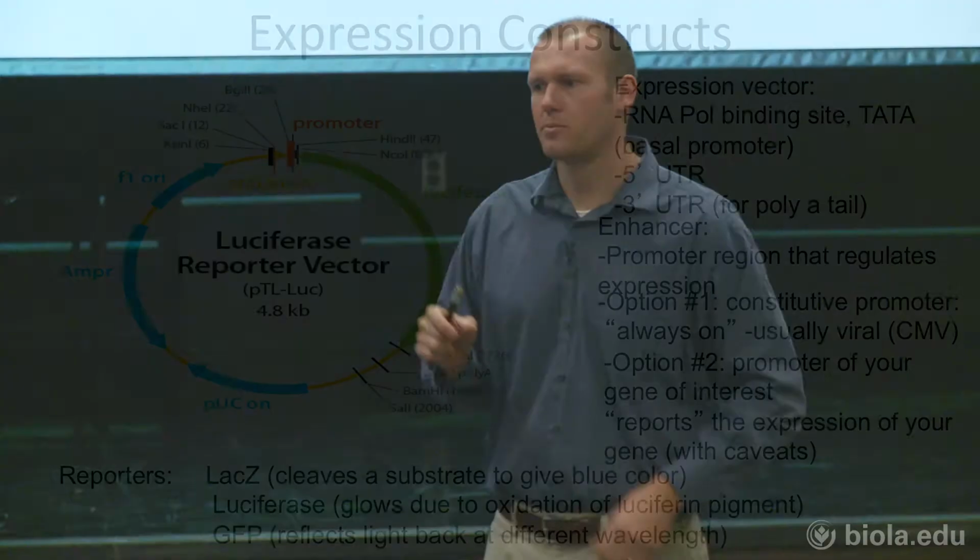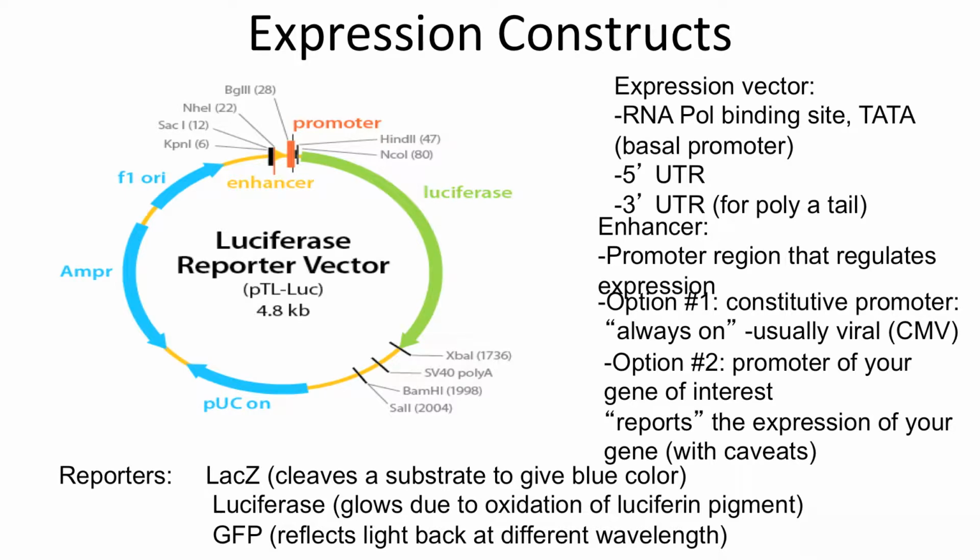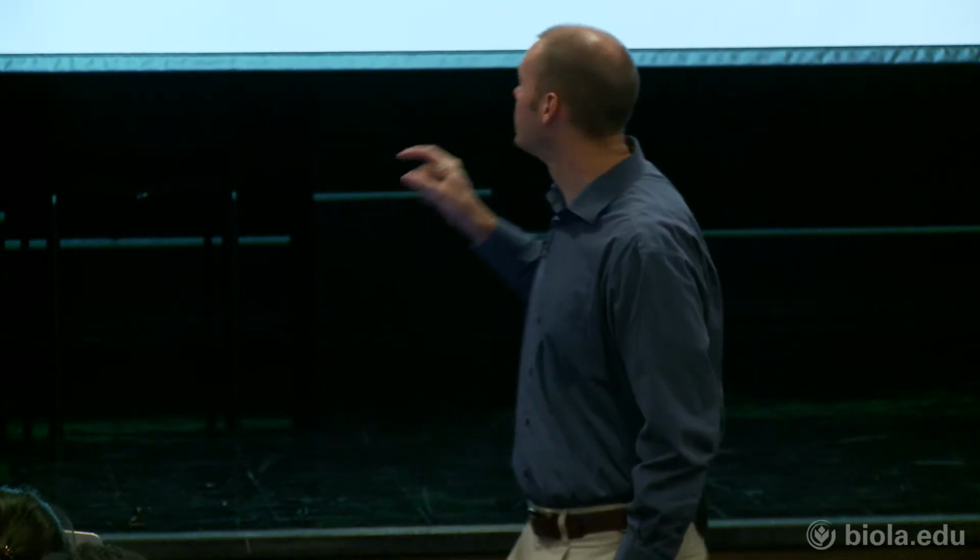is you could stick a promoter in that is specific to a gene that you're interested in studying in that organism. So for instance, if I want to know when a certain gene gets turned on in brain cells, I could take the promoter of that gene that I'm interested in, and I could stick it into an expression vector, right?